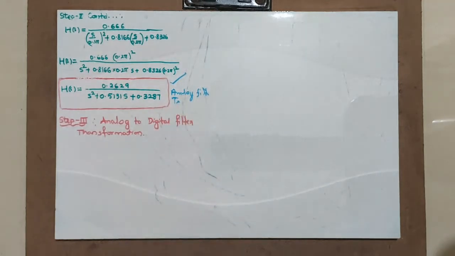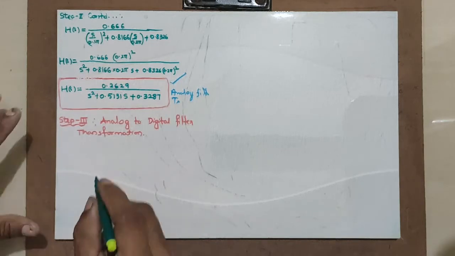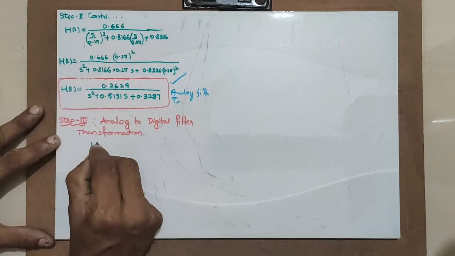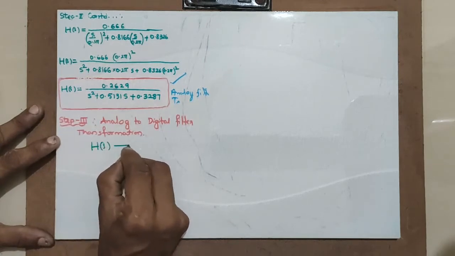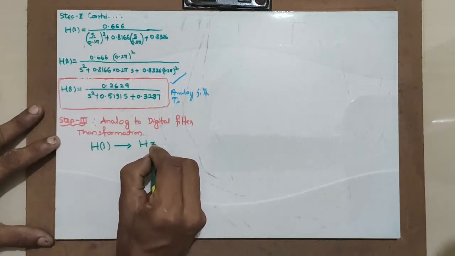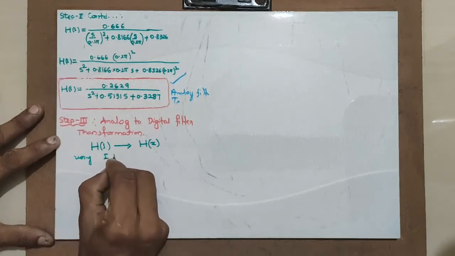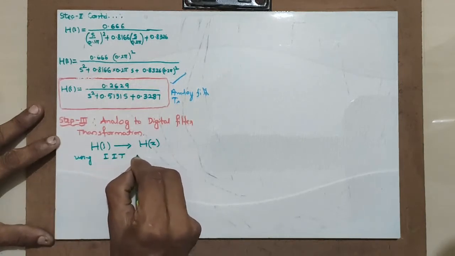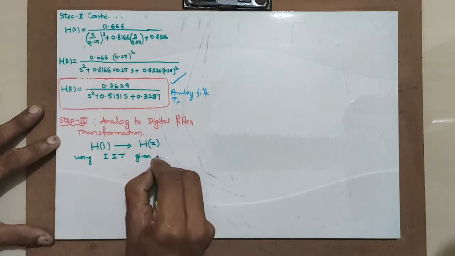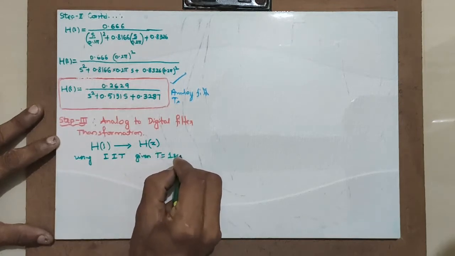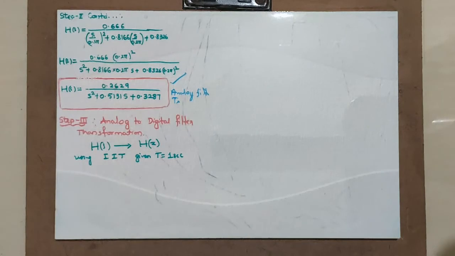This analog filter transformation in step 3 I will be converting into a digital filter. What is step 3? Step 3 is all about H of s to be converted into H of z using impulse invariant transformation, given T equal to 1 second. This is the information.